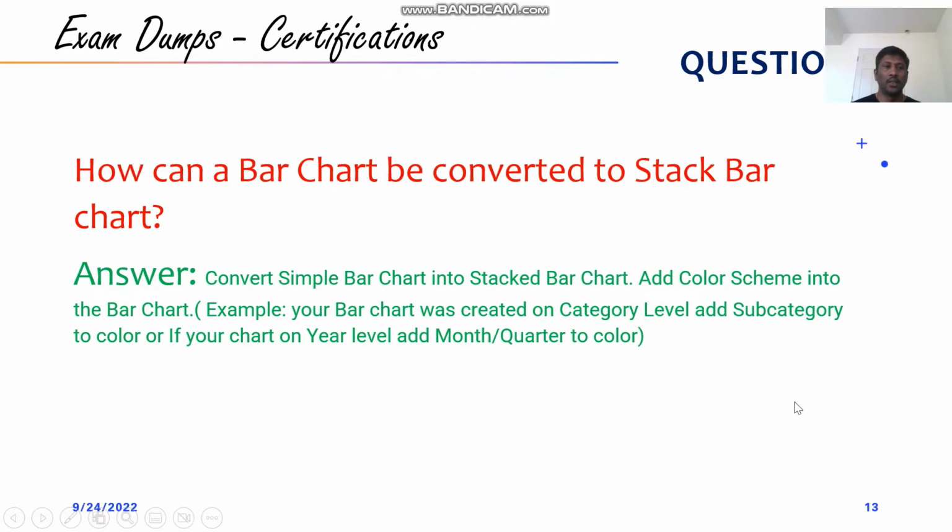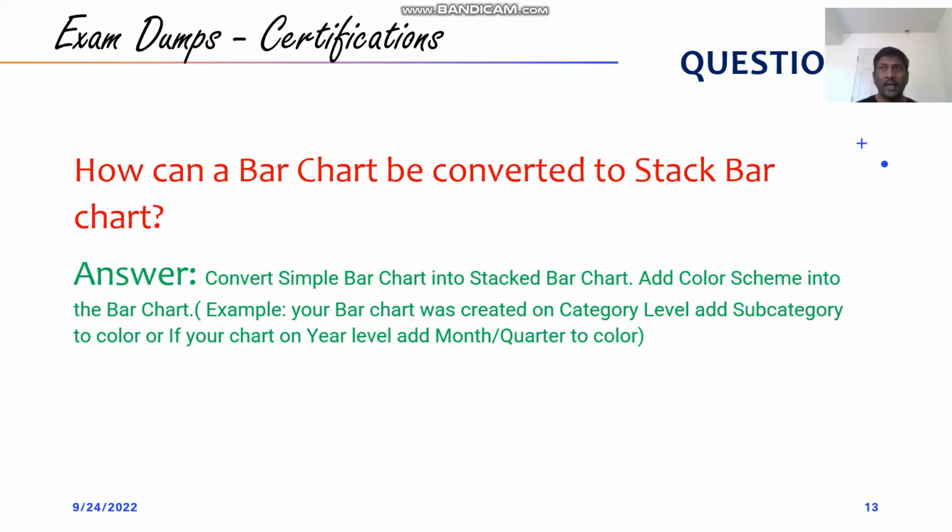Next question. How can a bar chart be converted into a stacked bar chart? Answer: add a color scheme to the bar chart. Example: you created a category level of sales for the year over year, or month, or quarter.